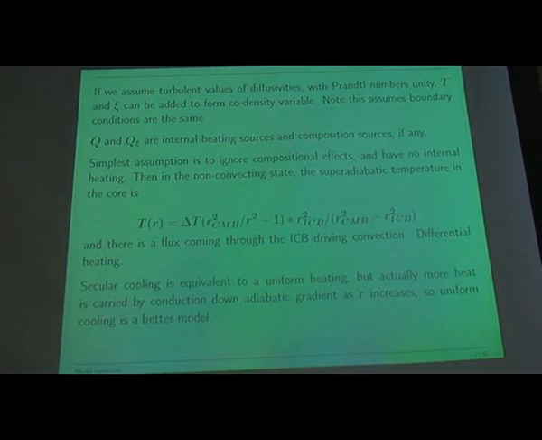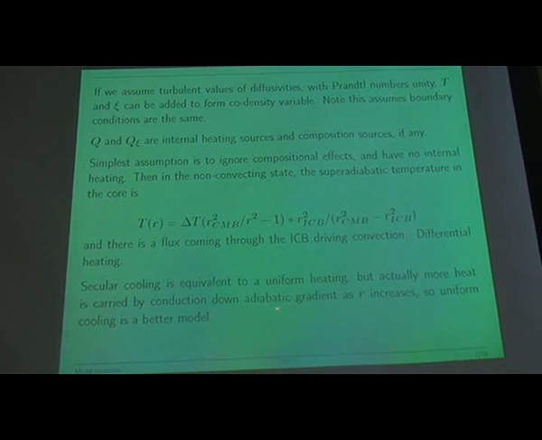It's sometimes called the differential heating model, as opposed to the internal heating model, because it's driven by the difference in temperature and the difference in flux, the flux coming in from the bottom rather than any internal heating. So that's the simplest model, and that's the basic state that you would get for the superadiabatic temperature gradient. It just has this 1 over r squared form.